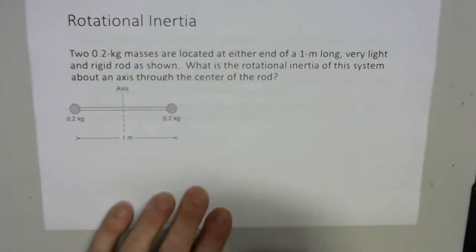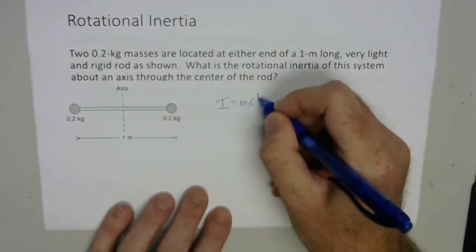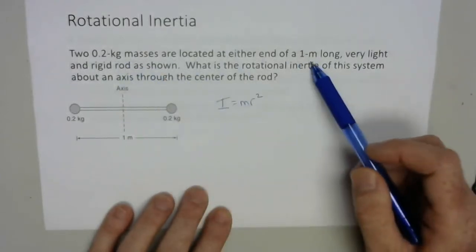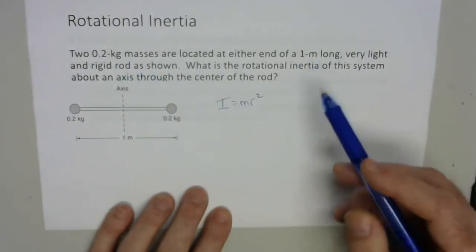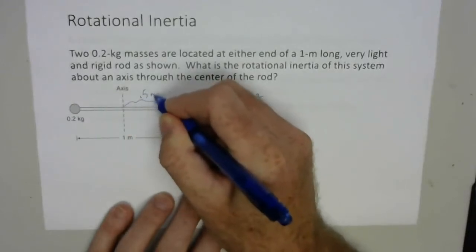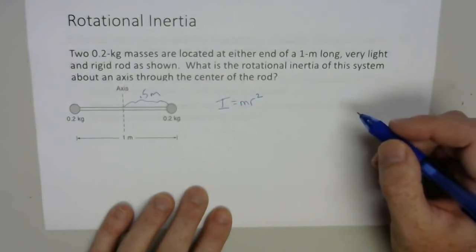We're essentially going to use the equation I equals mr squared. Got 2.2 kilogram masses, 1 meter long, so the radius will be 0.5 meters. There are two masses, so we'll end up having to multiply by 2.